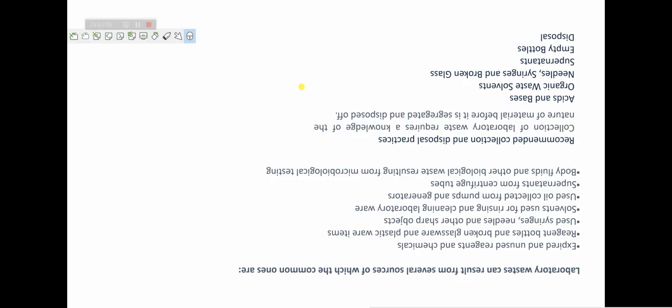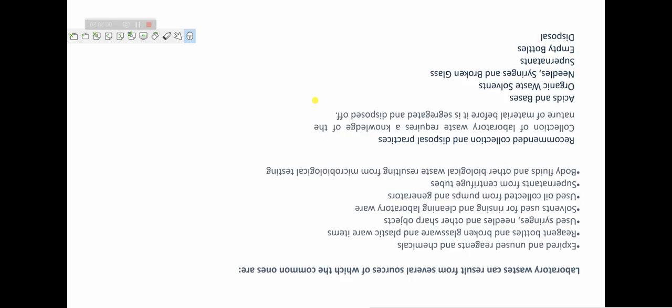And now there are recommended collection and disposal practices, right? So collection of the laboratory waste requires a knowledge of the nature of the material before it is segregated and disposed of. Means when we are going to collect or dispose, right?